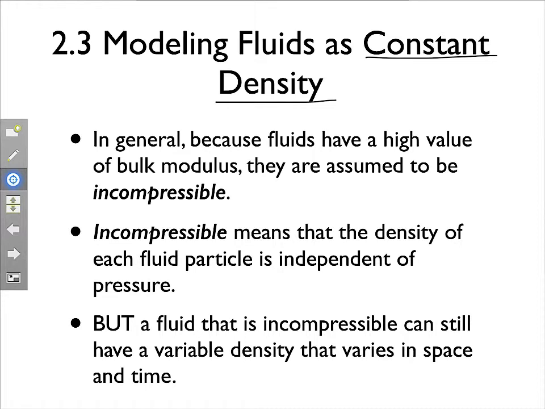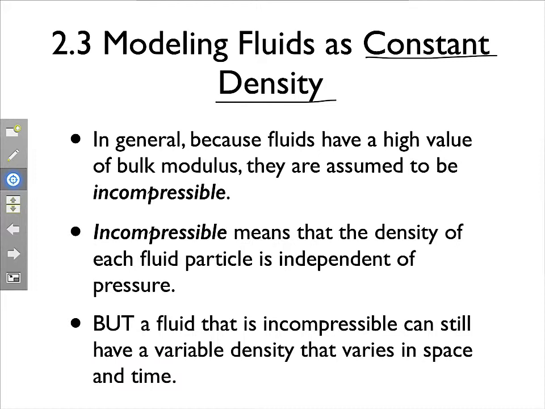In general, liquids do have a high value of bulk modulus, and they can be assumed to be incompressible, although in many situations gases will not be. Incompressibility means that the density for each fluid parcel is independent of pressure. That means if the pressure is changing, it's not going to change the volume, and therefore it's not going to change the density.